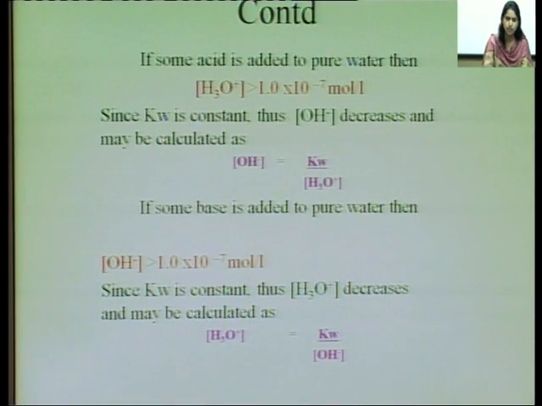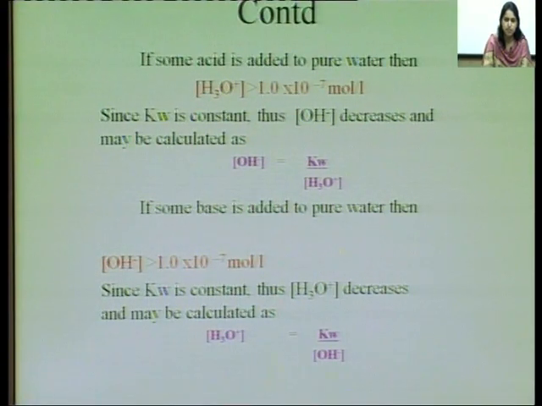So, the concentration of OH negative ion decreases and may be calculated as, I have already explained previously, that the product of molar concentration of hydronium ion and OH negative ion is equal to Kw. So, when the concentration of hydronium ion increases beyond 1 into 10 raised to minus 7, the concentration of OH negative ion can be calculated by applying this relation, that is OH negative ion is equal to Kw over hydronium ion.